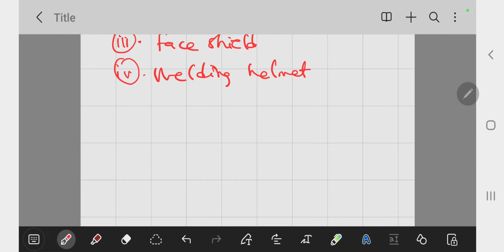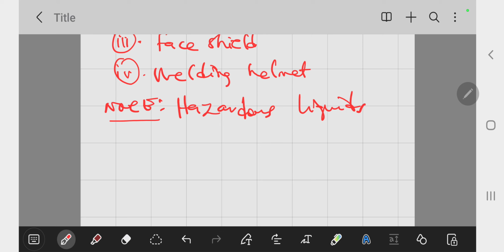So you need to take note of this point. It might save your life as you are in the workshop. In a scenario whereby you have some hazardous liquids, and then it enters your eyes, what are you supposed to do?